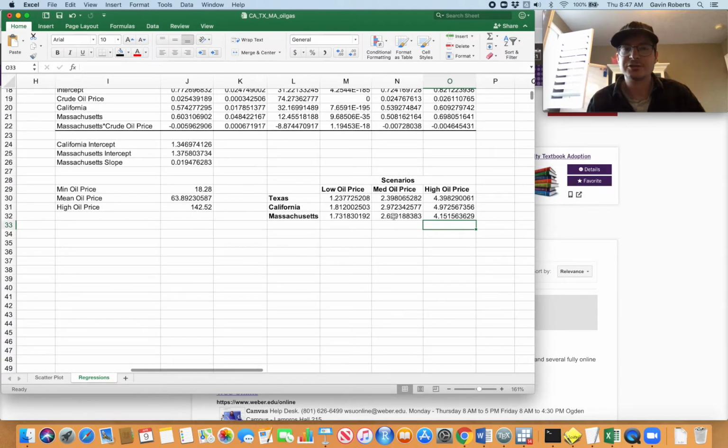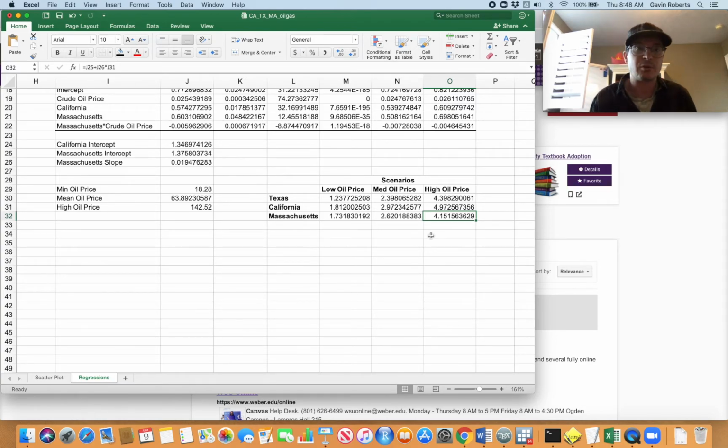And that's pretty interesting because now compare the Massachusetts prices to these other scenarios. Because the rate of change in gasoline prices for higher oil prices is smaller in Massachusetts, we actually get a lower gasoline price estimate for Massachusetts when the oil price is really high.